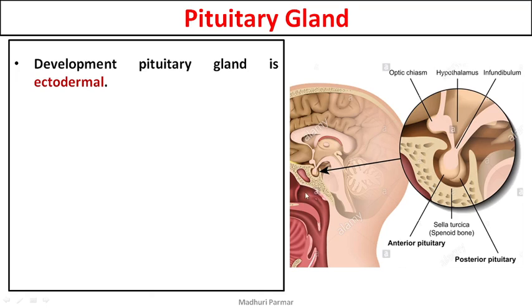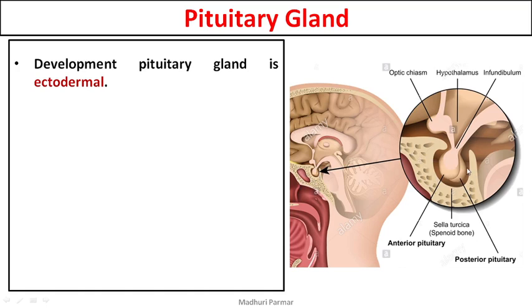It actually originates from your mouth, and from that mouth it keeps on extending in the embryonic stage, of course, and then those cells attach to your hypothalamus, and a bone is formed between the mouth and this cavity. And that is how your pituitary is actually formed.